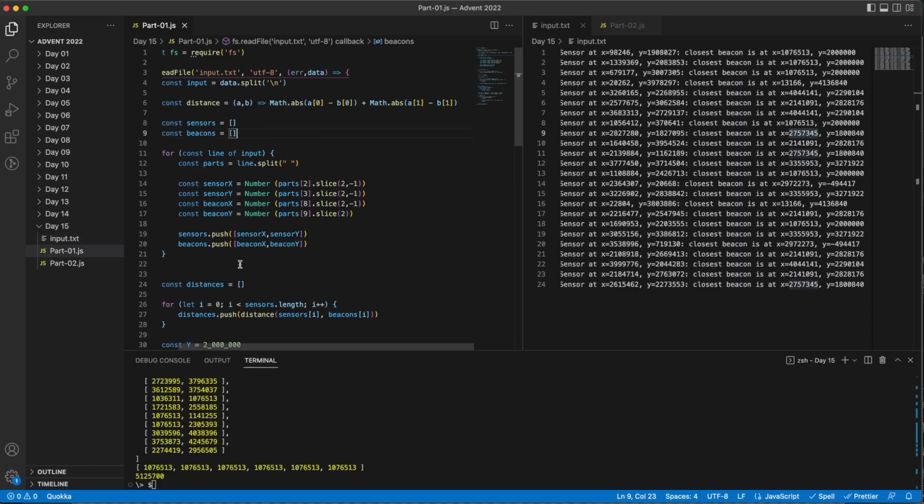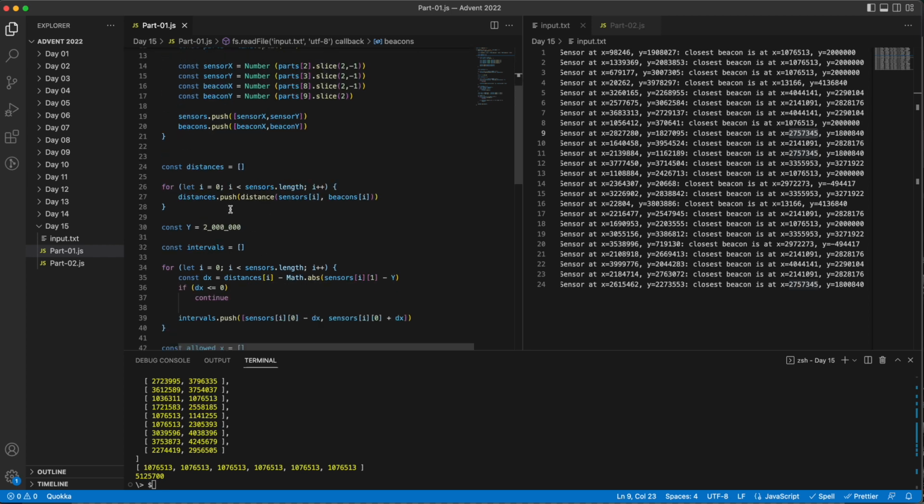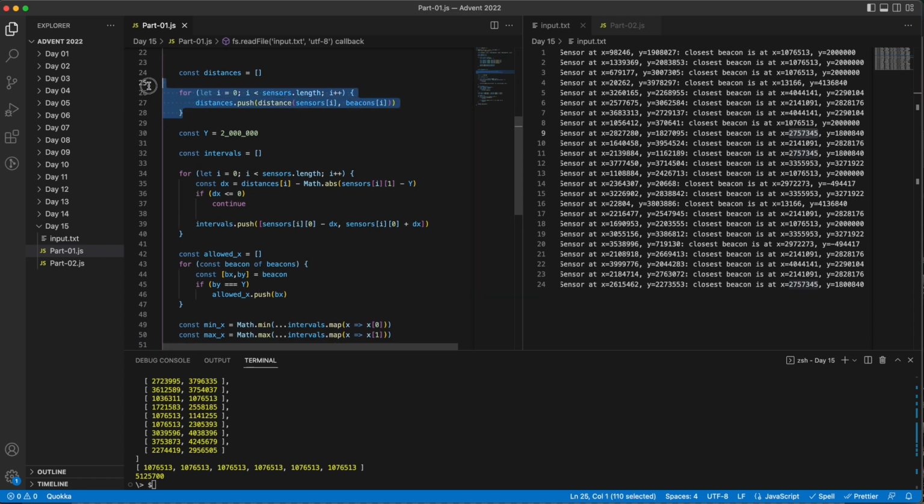I can figure out the distance for every pair of sensor and beacon, right? Then I have a constant which can be changed, and then we can find out the number of positions for any other line.